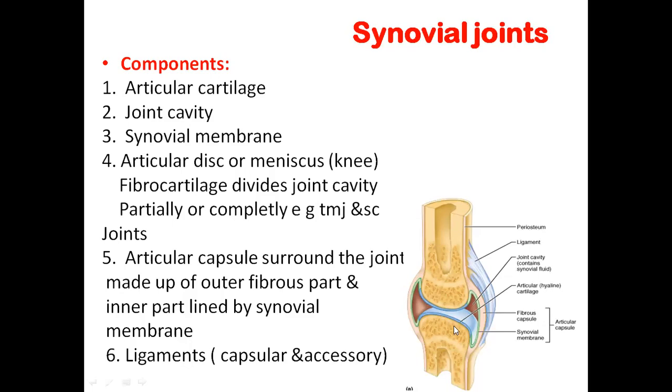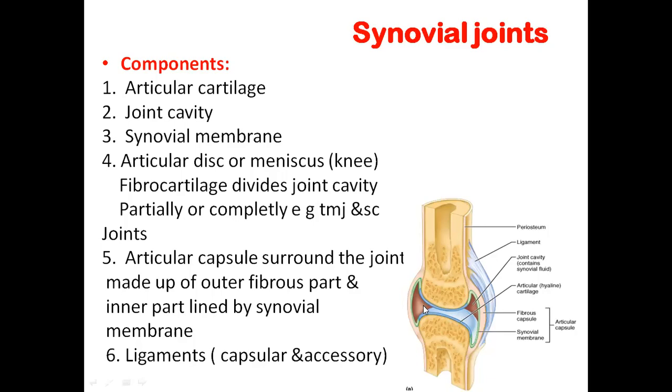The articular disc is a structure which is present in this joint cavity. This is the joint cavity. Here another structure is present which is attached at the periphery with the joint capsule.